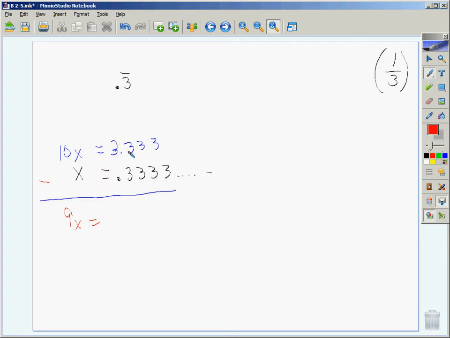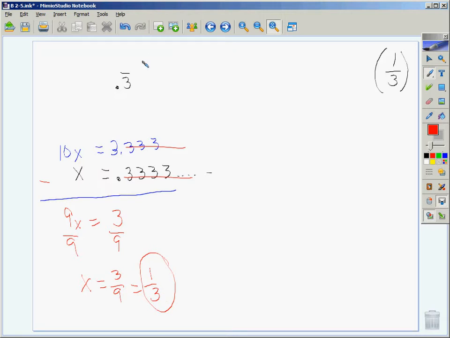What's going to happen to everything behind the decimal? It's going to go away and leave me just 3. What am I going to do? I'm going to divide both sides by 9. If it's 3/9, that's the same as 1/3.